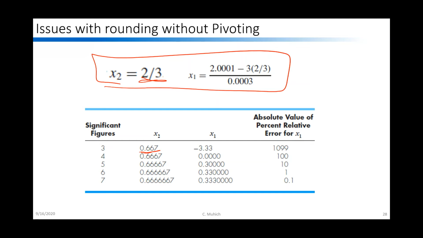So we're going to represent 2/3 by 0.667. Well, I can now take this number and plug it in up here. When I plug it in up here, I get x1 being negative 3.33. As you'll see in a second, this represents a 1,000% error, right?